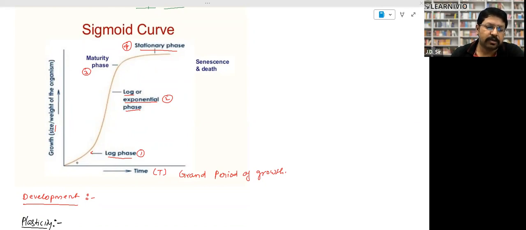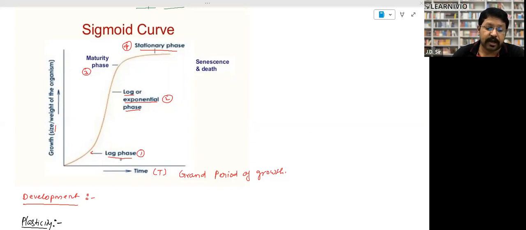Initially, the growth is a bit slow. This is called lag phase, right? Then when it becomes juvenile, the plant grows at a very fast pace. That is called log or exponential phase. At the point of maturity, when it starts bearing flower and fruit, it becomes stationary, right? Further growth does not take place. This is called stationary phase.